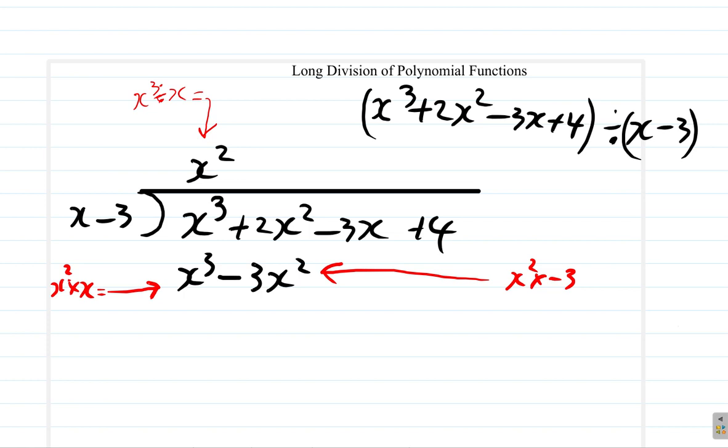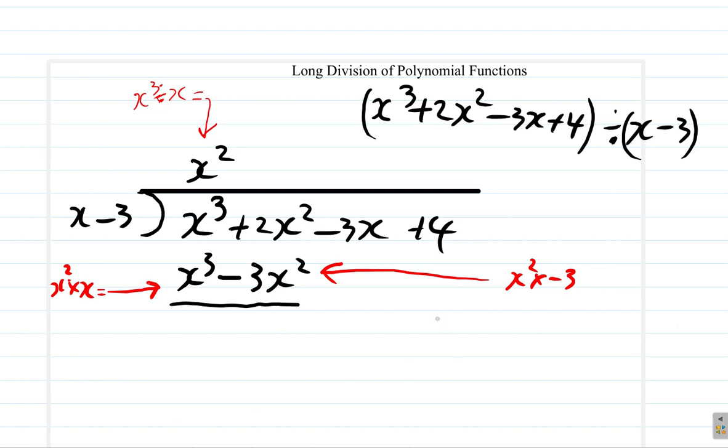After that, you subtract x cubed minus x cubed, that's 0. You don't have to put the 0 there. 2x squared. So that's what we're doing.